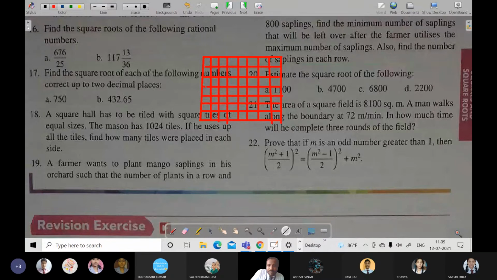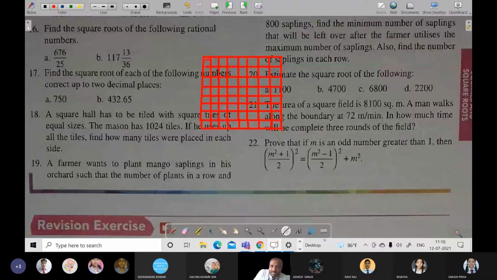Okay, 1 2 3 4 5 6 7, and one more, it will become 8, like this. Of course this is not exactly the figure of question 18, but only to help you understand I am drawing this. Like this only it will be in a square hall.